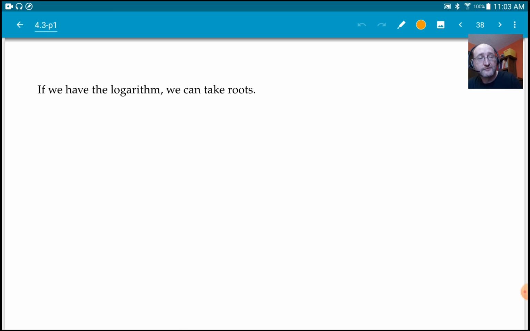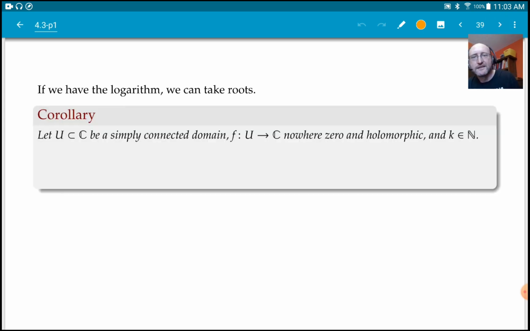All right. Now, if we have the logarithm, we can also take roots. We can basically take any sort of exponent, so in particular, roots. So suppose that we have a simply connected domain and a nowhere zero function which is holomorphic, and any natural number k.